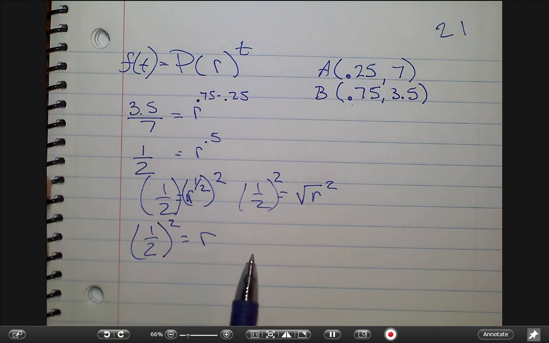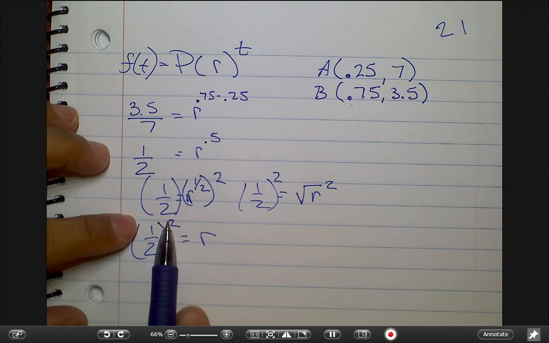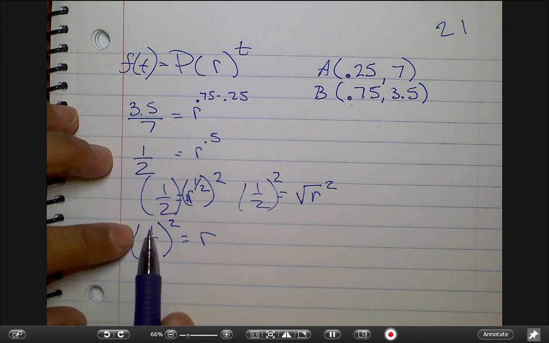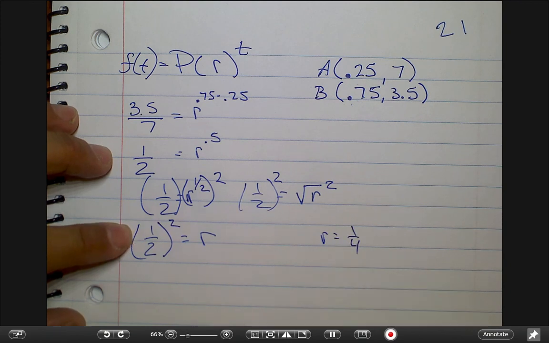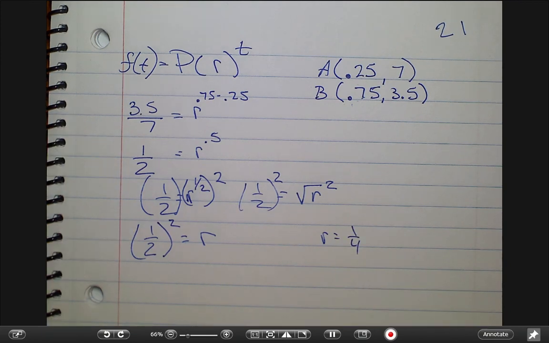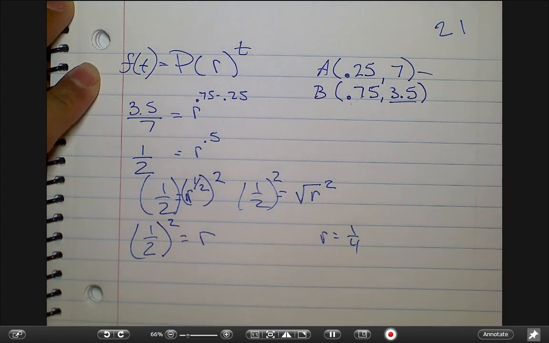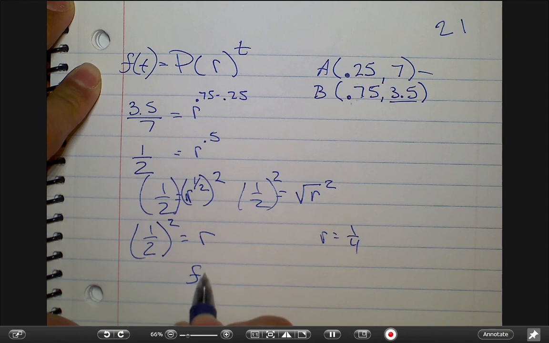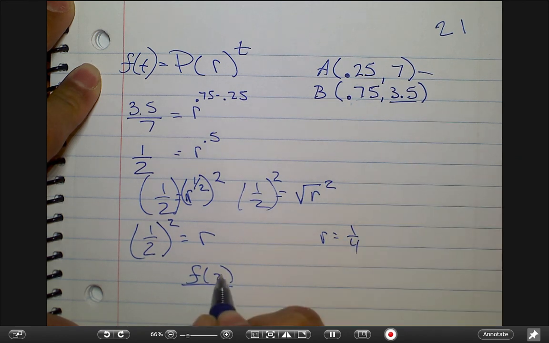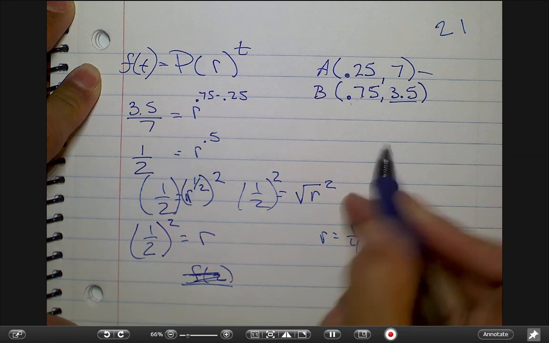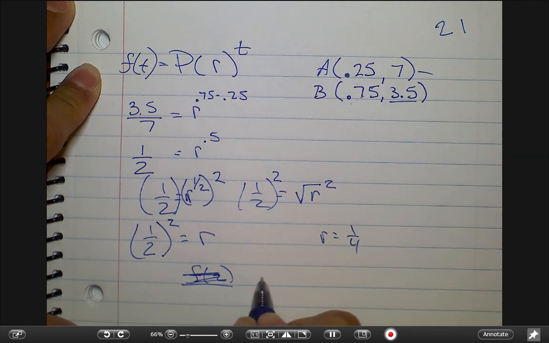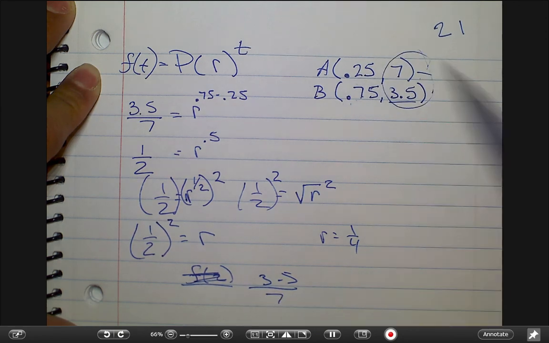All right, so now that I have that, if I square it, it's going to give me 1 over 4. R is 1/4. Now, if we go back into this and do this one right here, it's going to be my two values, so I'm going to set this up. It's going to be f of your second one, which is whatever this is right here. So there's my 3.5 over your 7. So we get these two values.